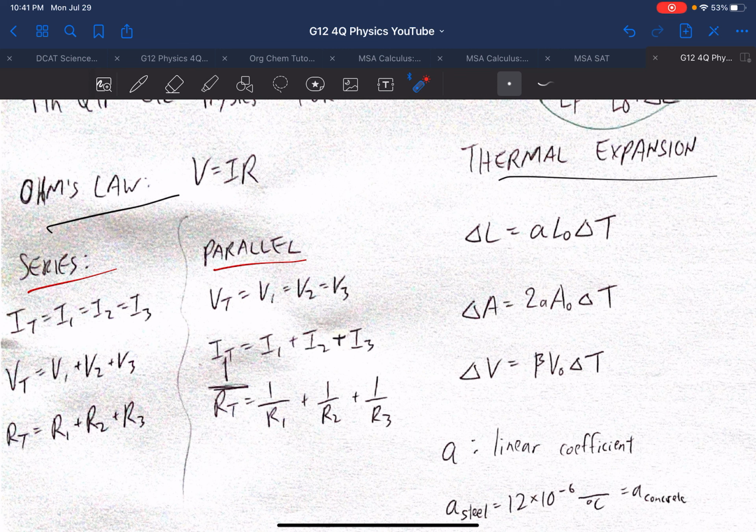For parallel circuits, the formula for total resistance is written as 1 over RT is equal to 1 over R1 plus 1 over R2 plus 1 over R3. This is one of the most common mistakes in calculating the total resistance in parallel circuits: you forget that there's a fraction.